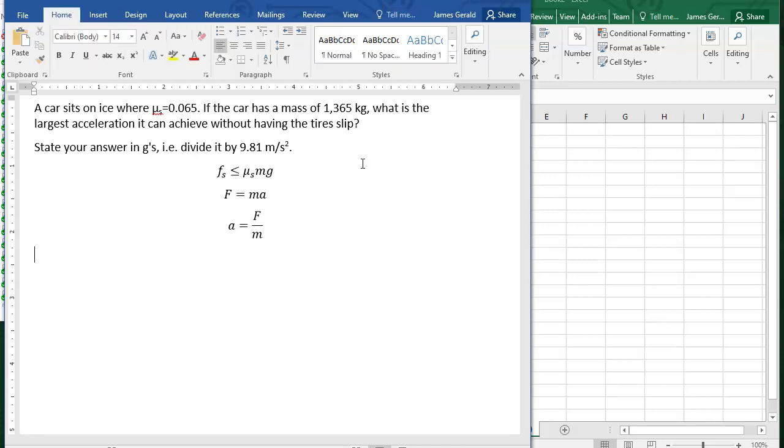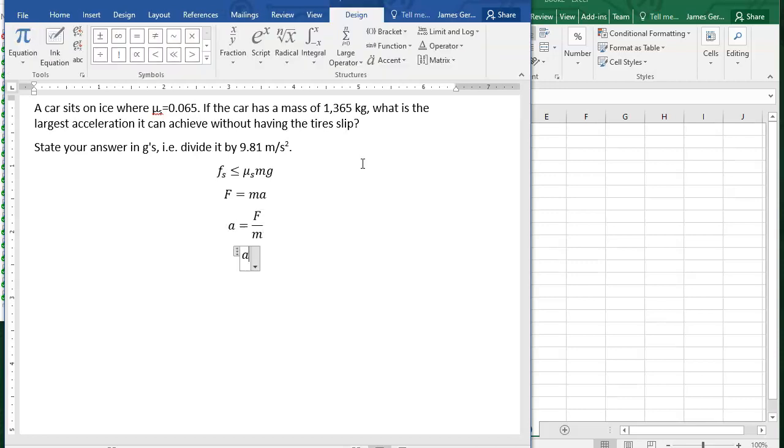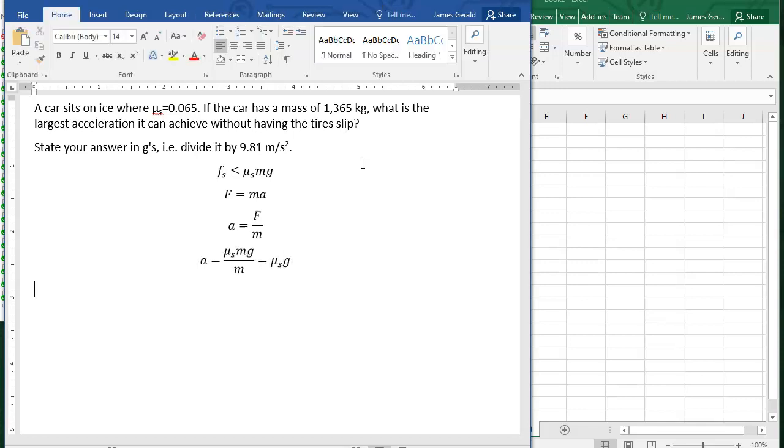The largest static friction can be is mu s mg divided by m. All right, so mu s mg divided by m. Well, the mass cancels out. Mu s g. That's the largest acceleration we can achieve.